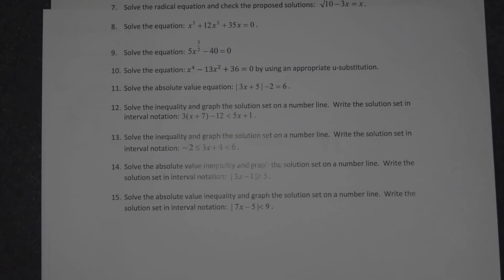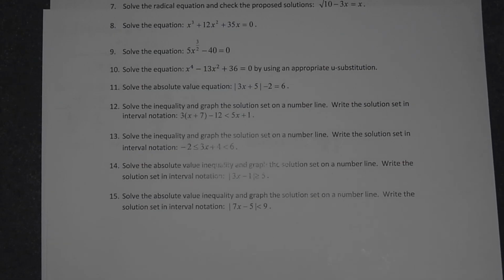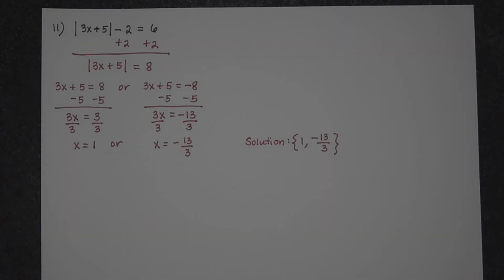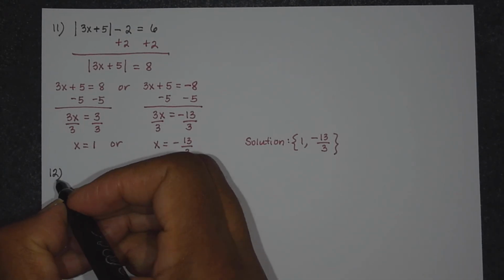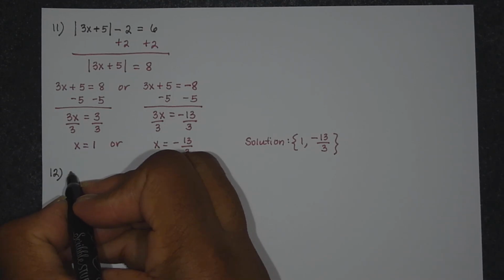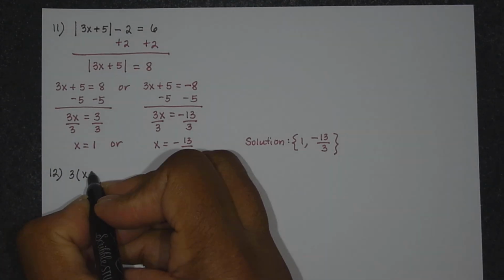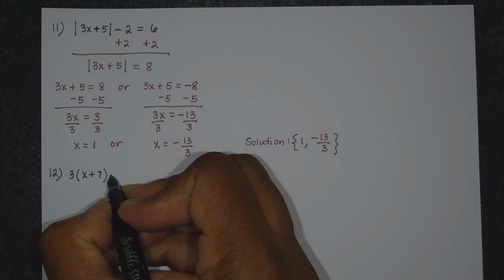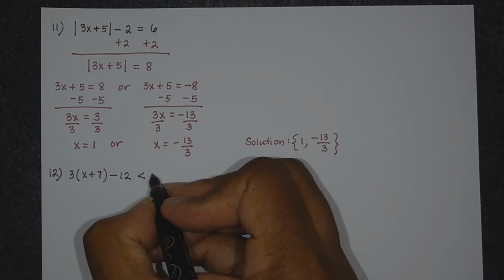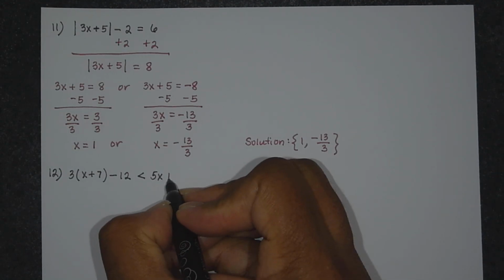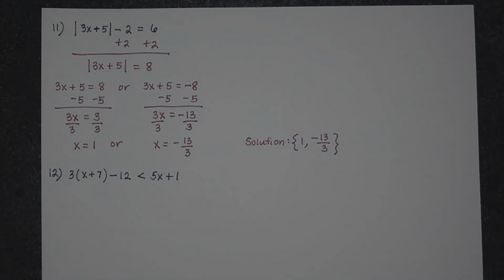Here we're going to solve the inequality, graph the solution set on a number line, and write the solution set in interval notation. So with problem number 12, we have 3 times the quantity x plus 7, minus 12, is less than 5x plus 1.